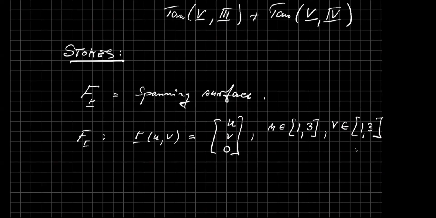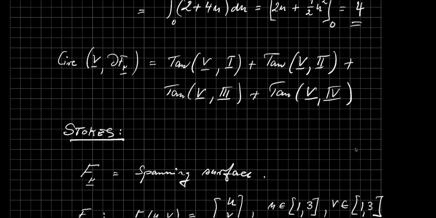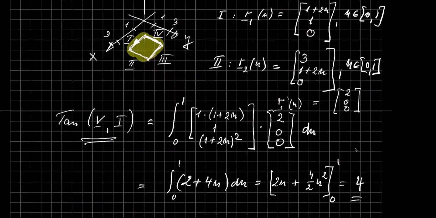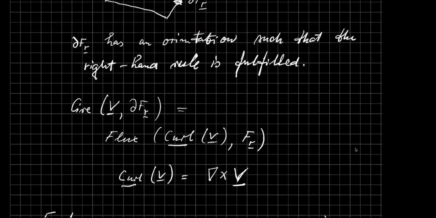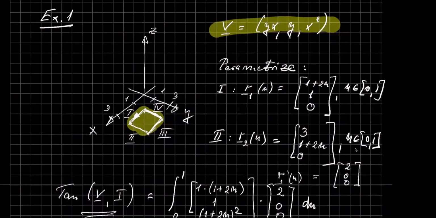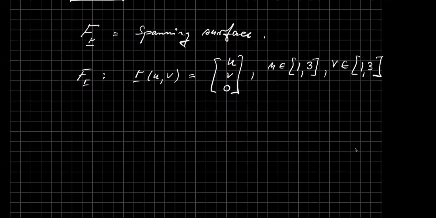This was fairly easy. But what we also need in order to use the Stokes theorem, let's go back. I'm going to compute the circulation as the flux of the curl of V. So I need to compute the curl of V. Let's do that.